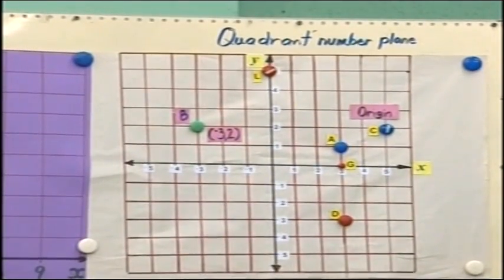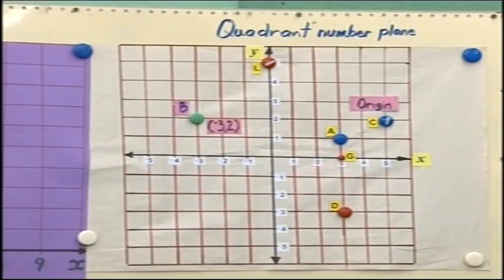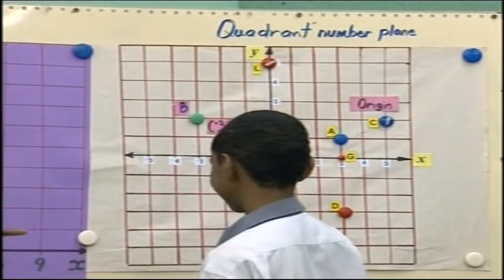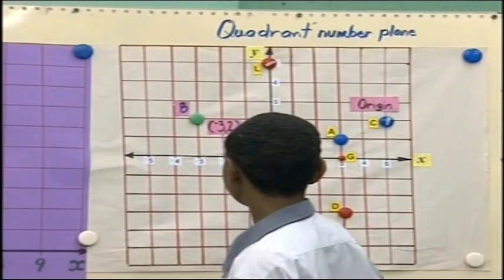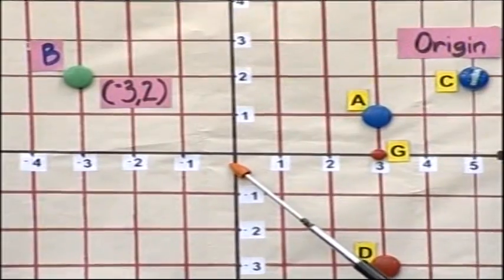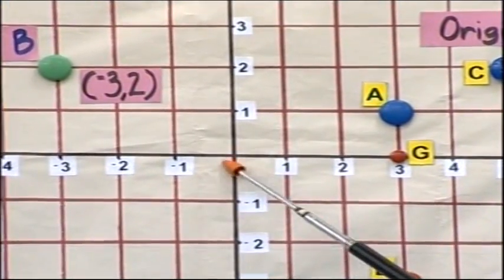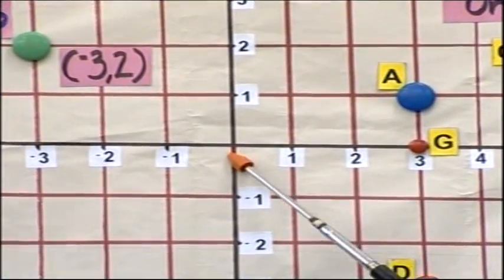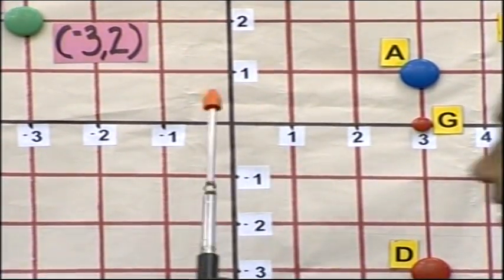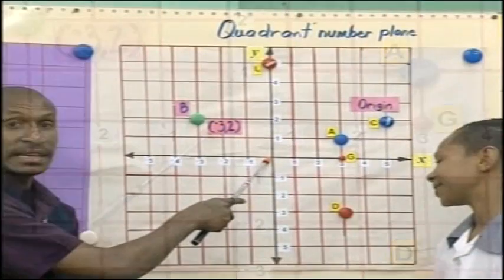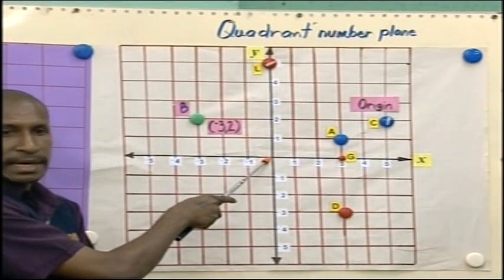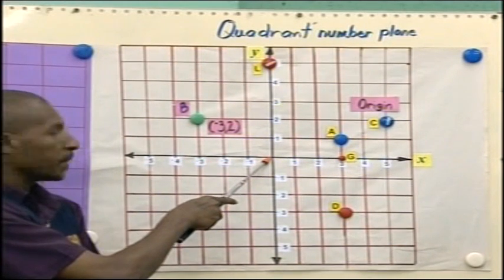Okay, Sconti. Let's have a girl get ready to give the next answer if Sconti doesn't give the correct answer. Sconti, where's the origin? Sconti thinks that this is the origin of the number plane.